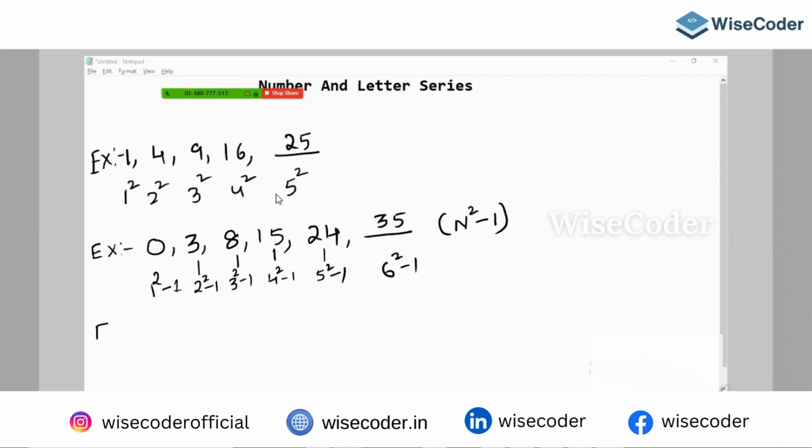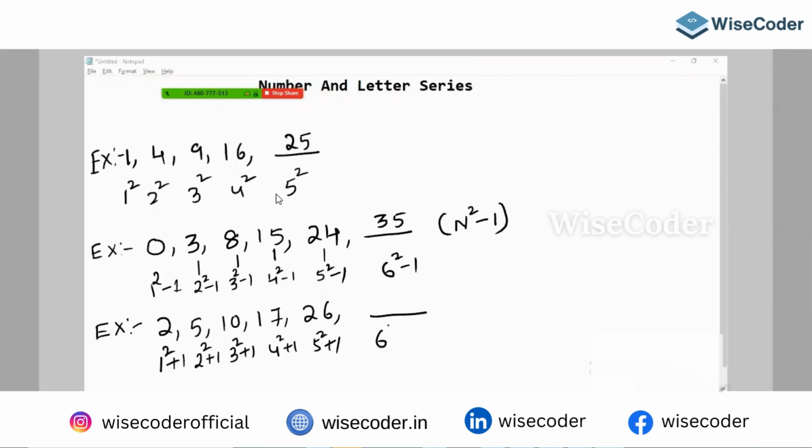For example, if the series is like this: 2, 5, 10, 17, 26, dash. Now you have an idea. Look here, the numbers are increasing rapidly. So you can write this as 1 square plus 1, 2 square plus 1, 3 square plus 1, 4 square plus 1, 5 square plus 1.